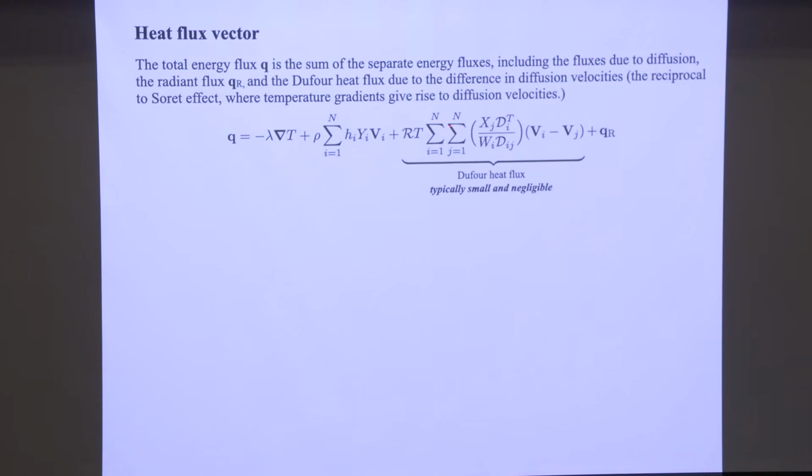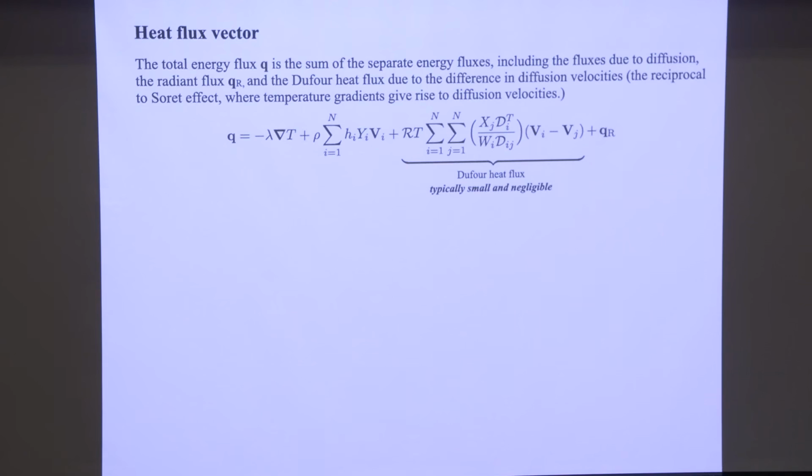And then there is a term which is somehow equivalent to the Soret effect, which is known as the Dufour effect, and typically it's small and negligible. Basically, it says that a difference in the diffusion velocities can also produce heat.